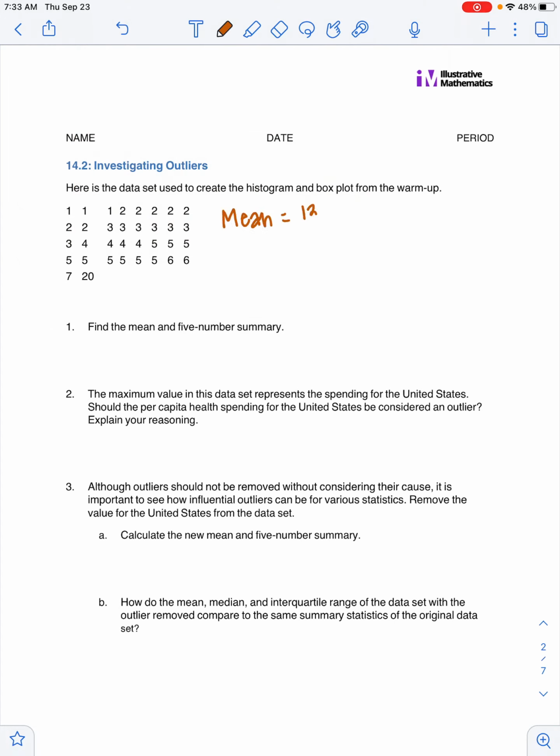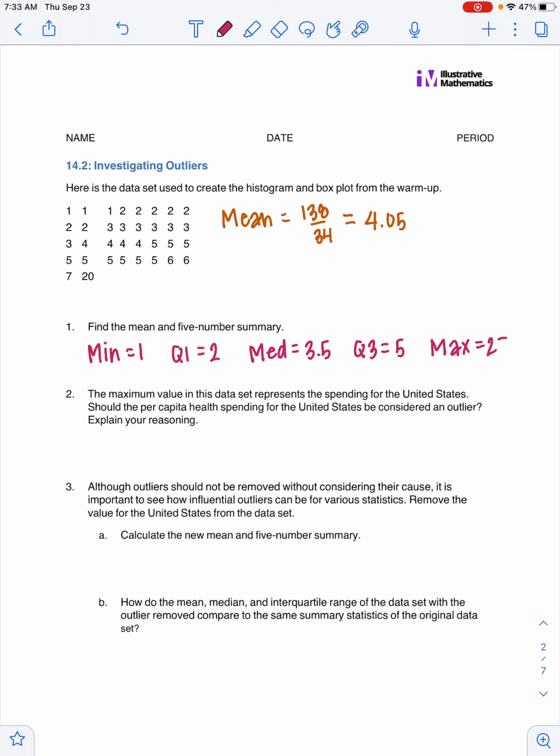Now, to find the 5-number summary, we know that the minimum is 1. We know Q1 is 2. We know that the median is 3.5. Q3 is 5, and the maximum is 20.